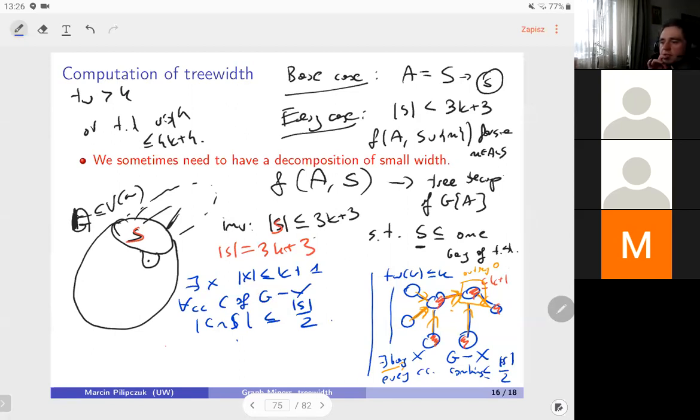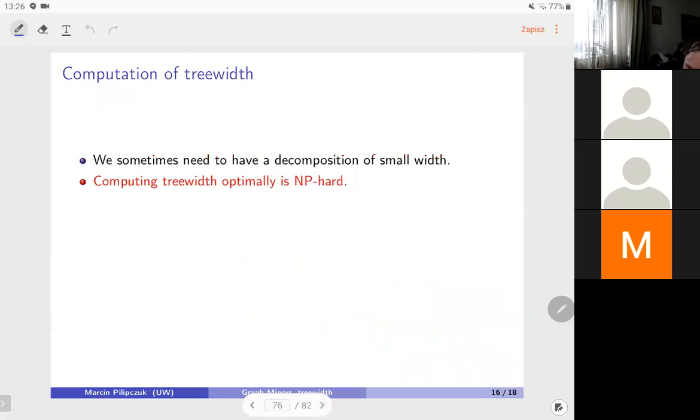What I want to say here is that, okay, this is almost half. Good. So now, if I have this X, let's go, I will use this one. Sorry for that. I have got this set A and I have got this set S that has got 3k plus 3 vertices.